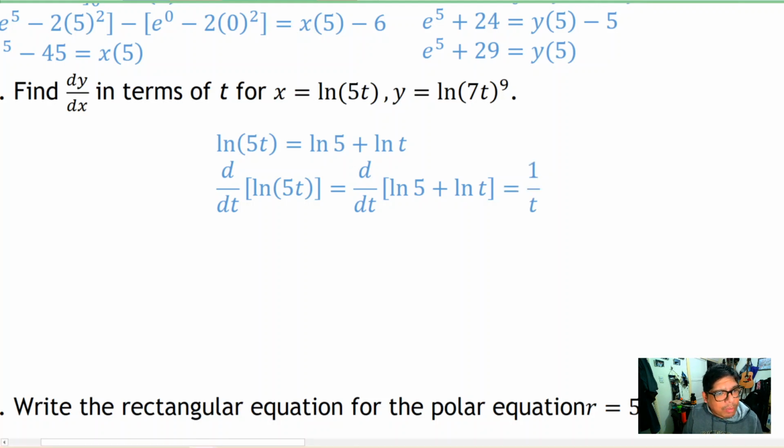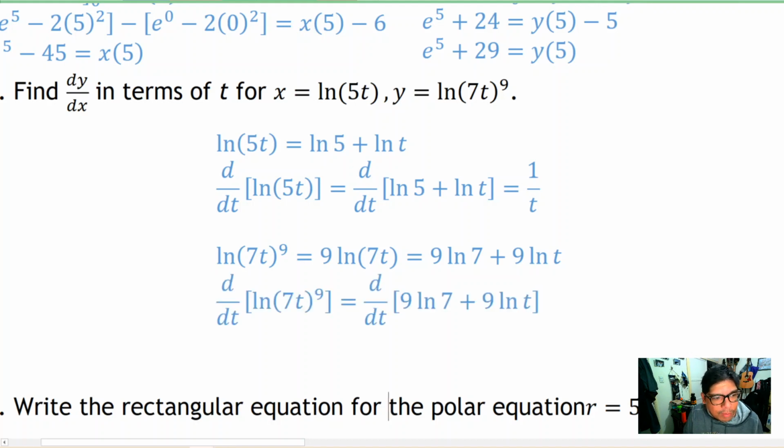Let's do the same thing with the y coordinate now. So the natural log of the 9th power of 7t, that's equivalent to 9 times the natural log of 7t, which is equal to 9 natural log of 7 plus 9 natural log of t.